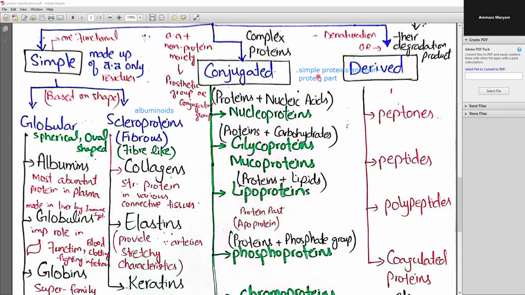They become functional only when its non-protein moiety, that can be a prosthetic group or a conjugating group, ठीक है, is attached with this simple protein.